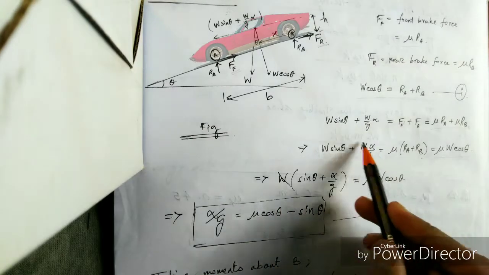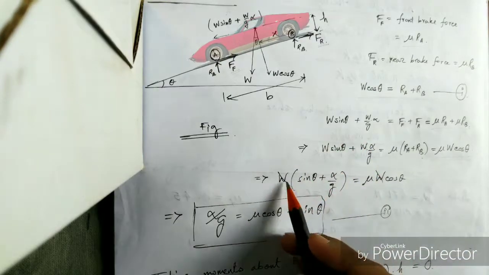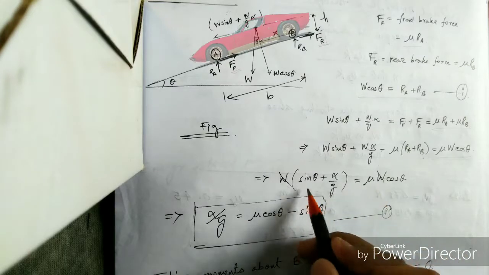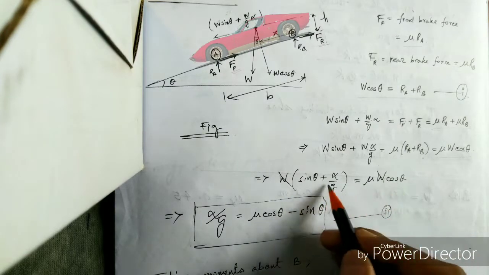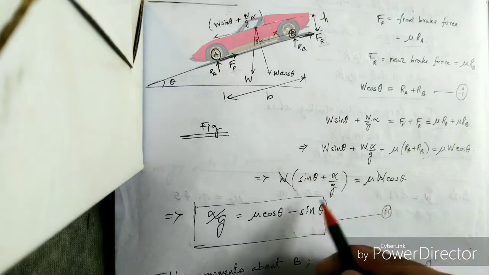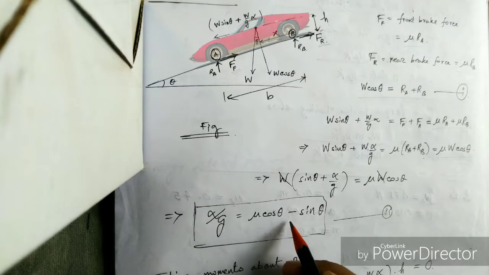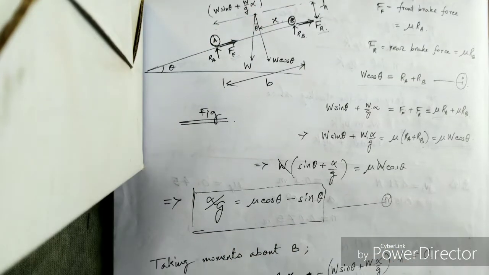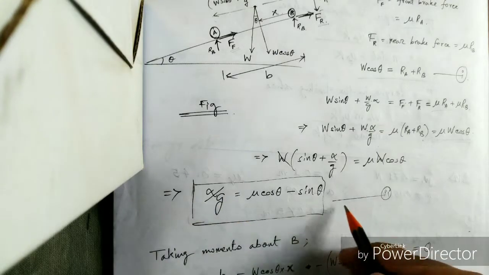If we take the weight W common, both the W's on both sides get cancelled out, and you get sin theta plus alpha by g equals mu into cos theta. Then switching sin theta to the other side, we get alpha by g equals mu into cos theta minus sin theta. So now we found our value for alpha by g, that is equation 2.